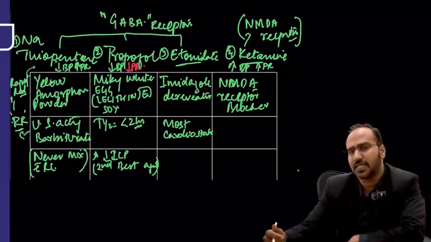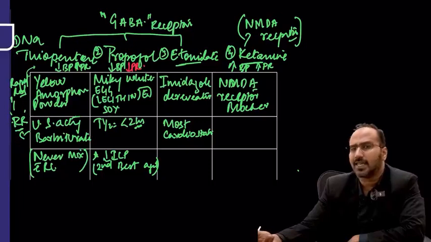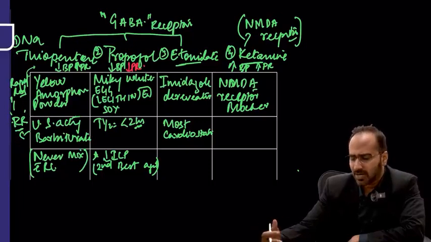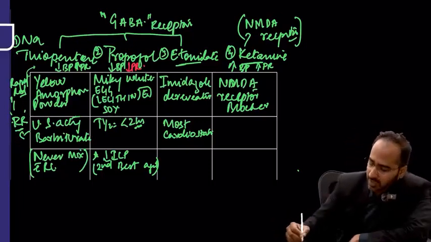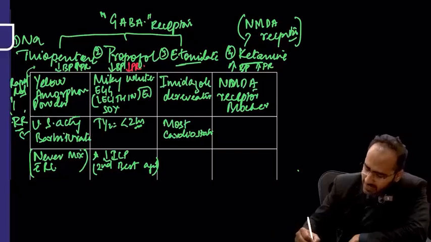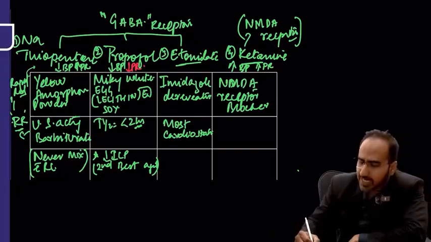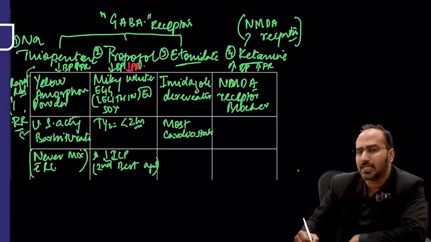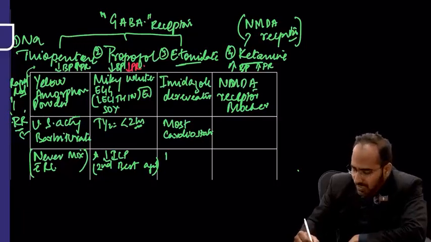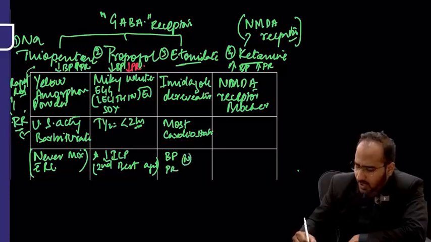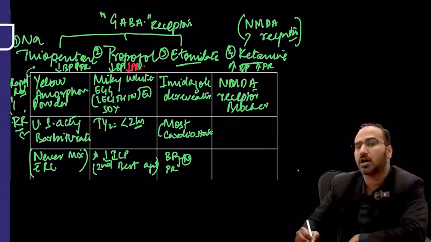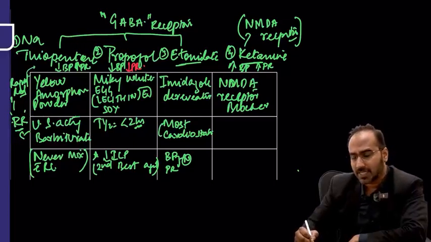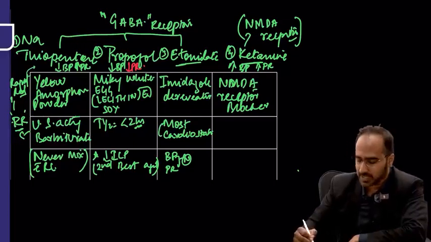All of the IV induction agents are either decreasing or increasing the BP. Right? They are causing some changes. Etomidate is the only IV induction agent that neither decreases nor increases; it maintains the BP and pulse rate normally. So as it is the most cardio-stable, it is the most commonly used IV induction agent in cardiac patients.